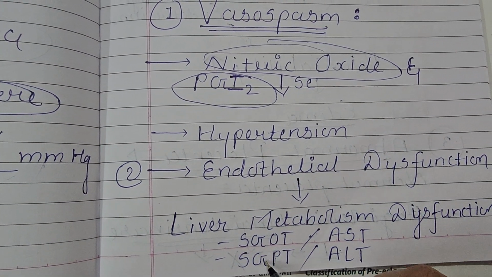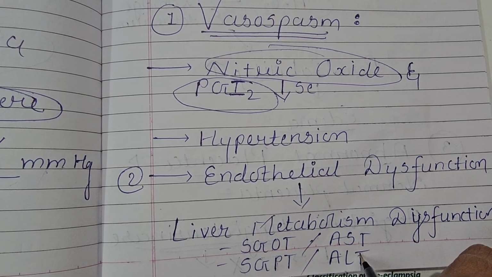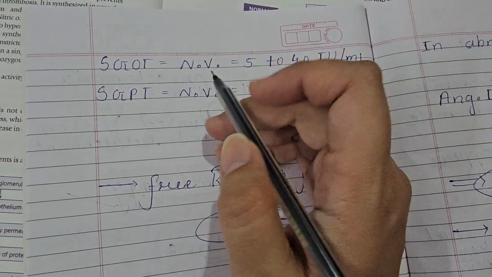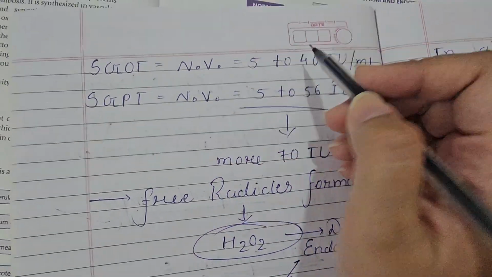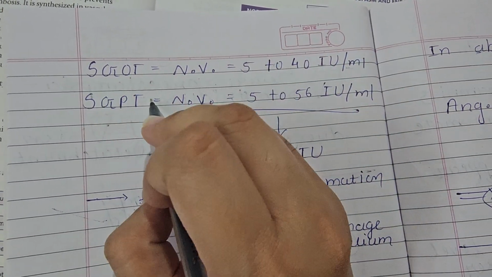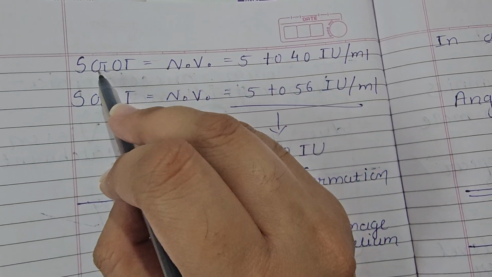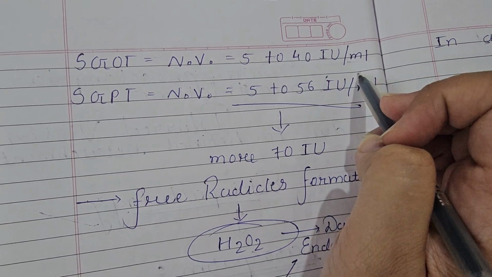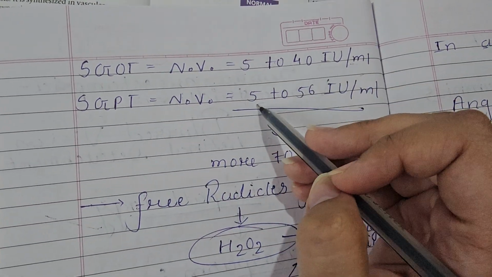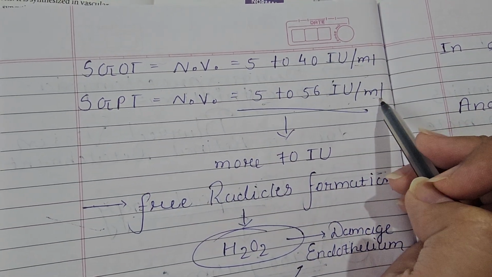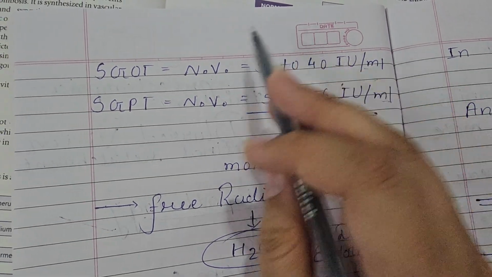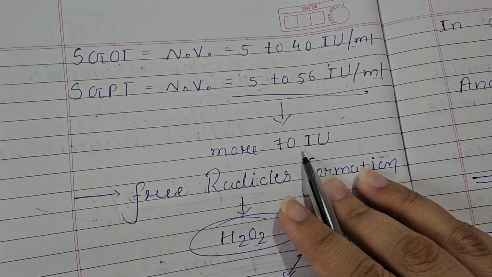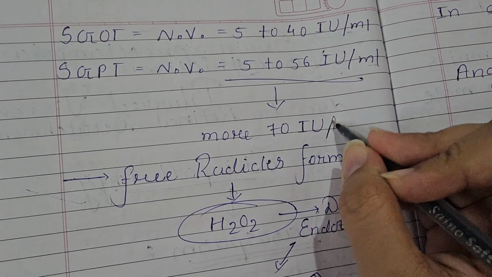SGOT (AST) enzyme and SGPT (ALT) enzyme eventually increase. In a normal, non-hypertensive person, SGOT value is 5 to 40 international units per ml, and SGPT normal value is 5 to 56 international units per ml. But in preeclampsia it goes up to 70 international units per ml.